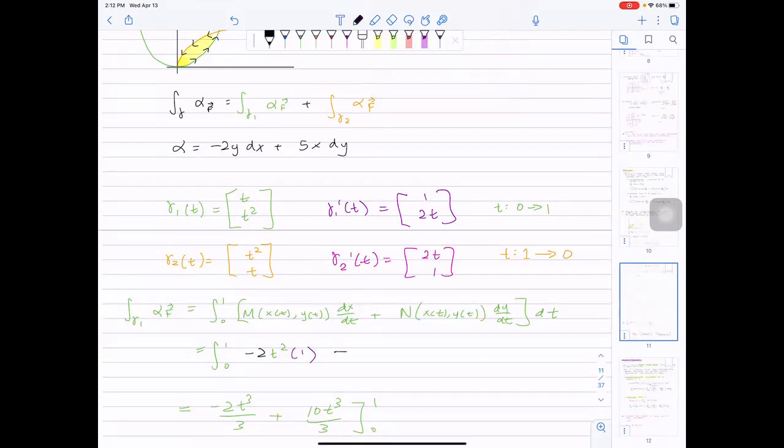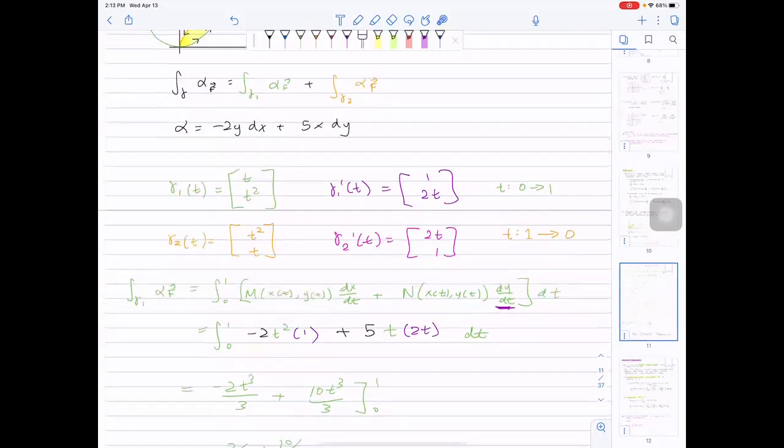Plus our next term is 5x, so we have a 5. And what did we define as x? We defined it as t. What's the derivative of y with respect to t? That is 2t, which we found here. And dt. You can calculate that integral since now we're all in terms of t, and you get 8/3.